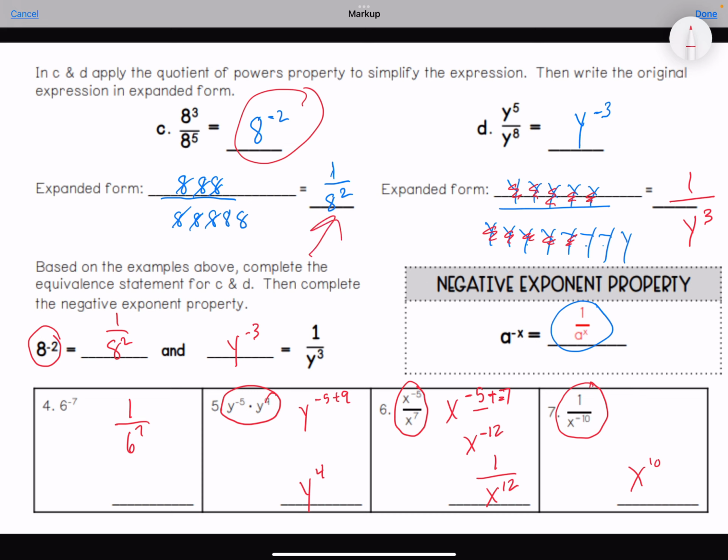We're going to flip it to the bottom. Here, it was 1 over x to the negative 10, so we flip it to the top. Okay? This is just going to take practice. I can't explain it any easier. There's no really tricks or hints. This just takes practice.